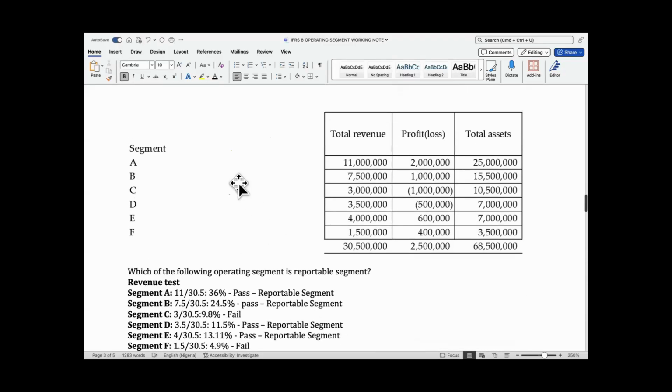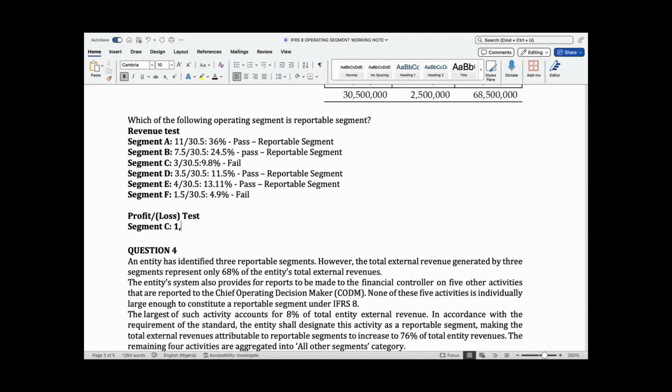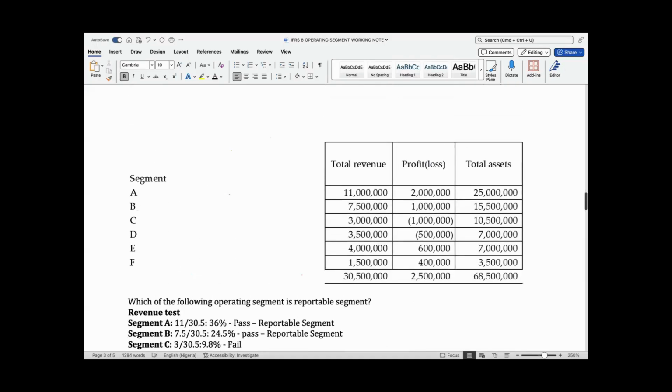Now for segment C, he made a loss, which is 1,000, divided by, what's the greater between the total loss and total profit? From here, the total profit is 2,000. There's profit of 1,000, making 3,000. There's profit of 600 and there's profit of 400. That's already 4 million.